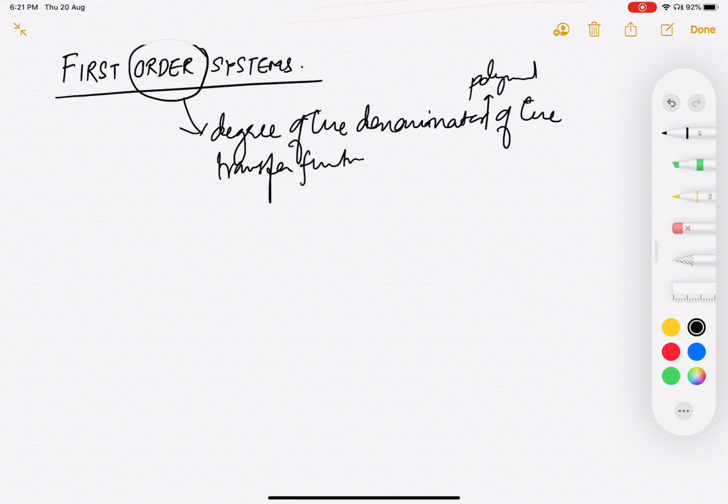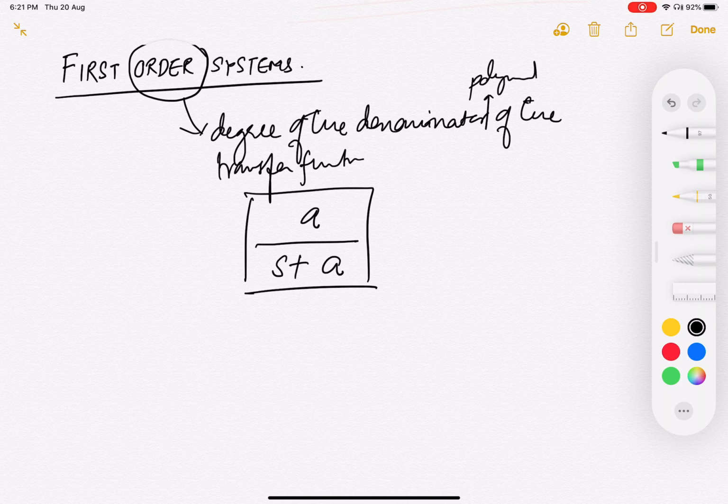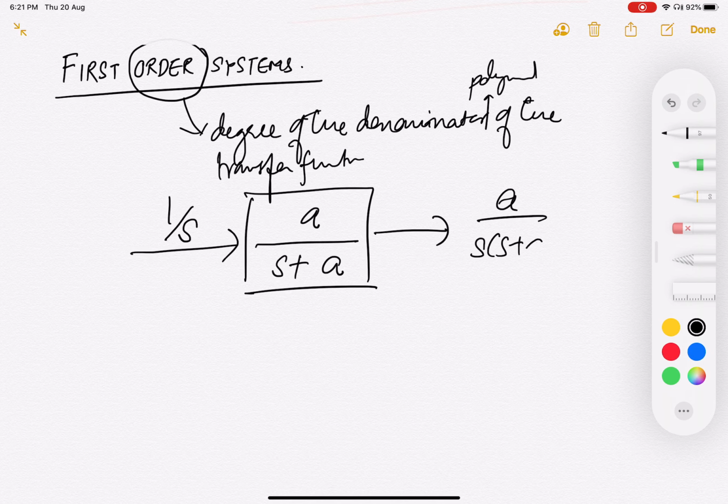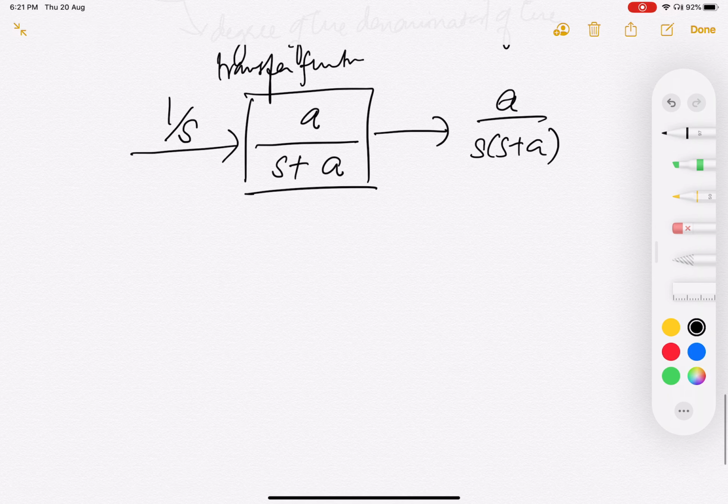So a first order system would in general be something like this. If it has just a pole, it will be, for example, a divided by s plus a. So this is a typical first order system. And if you subject it to a step input 1 by s, you'll get a divided by s into s plus a, and you can take the inverse of this.